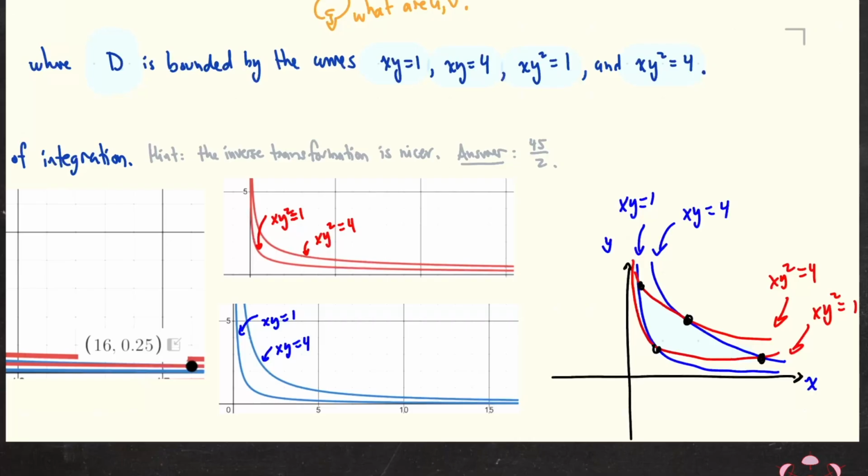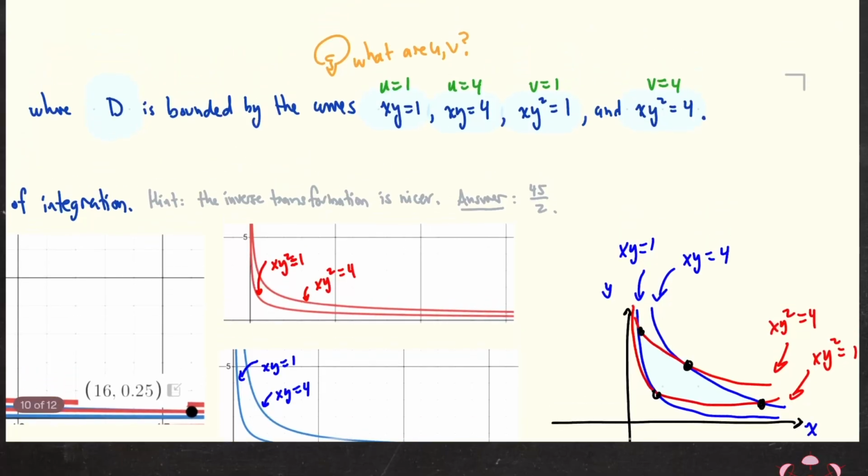Since we've got xy equals 1, xy equals 4, maybe this suggests we can do u goes from 1 to 4. And since we've got xy squared equals 1, maybe we can choose that to be our v, and then v goes from 1 to 4. So a reasonable choice would be u equals xy and v equals xy squared.